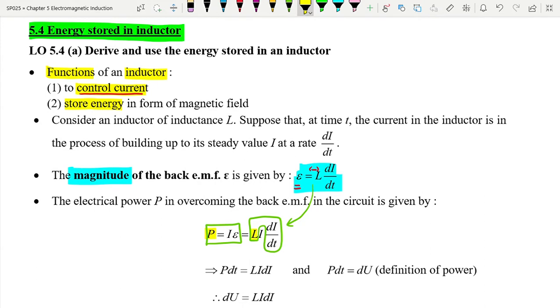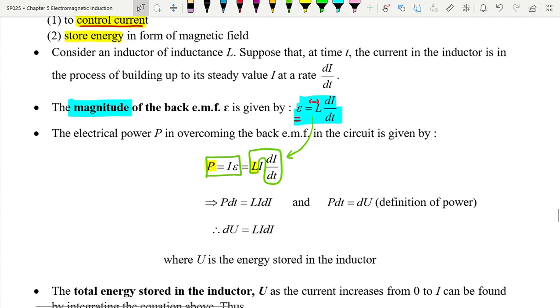Okay, so kalau kita rearrange formula ni, kita pindahkan dt dekat sebelah, P darab dengan delta t ataupun time, yang tinggal adalah L i di di sebelah kanan. So kalau masih lagi ingat, definition untuk power adalah rate of change of energy, E over time. So this E is energy. Okay, so ini energy yang kita nak discuss, energy stored in the inductor.